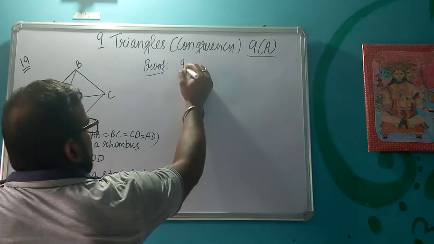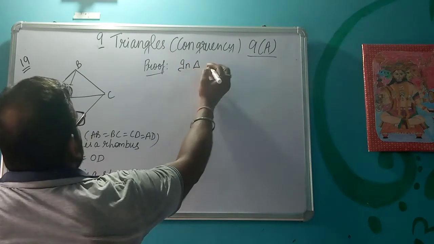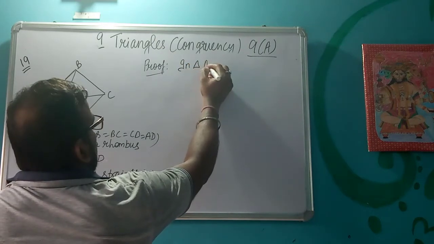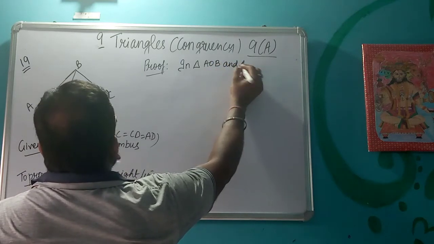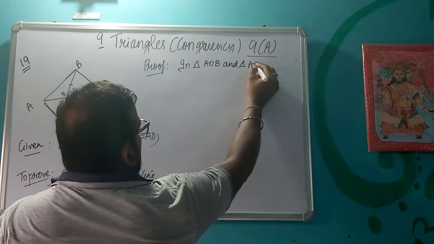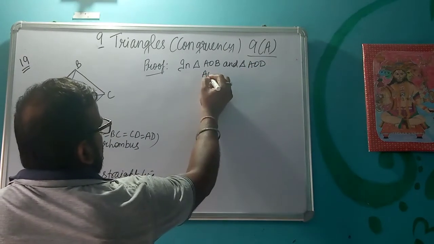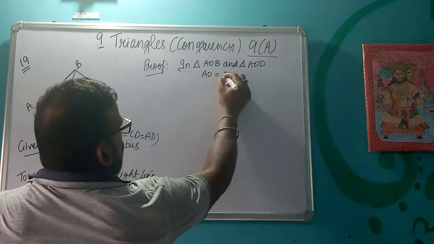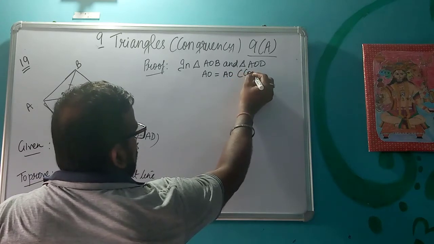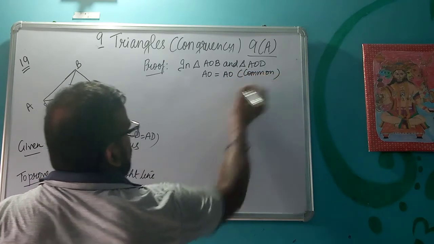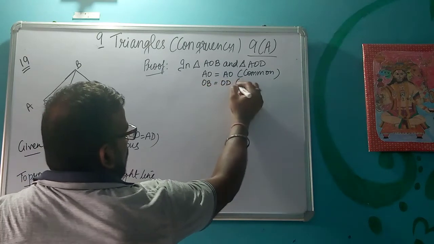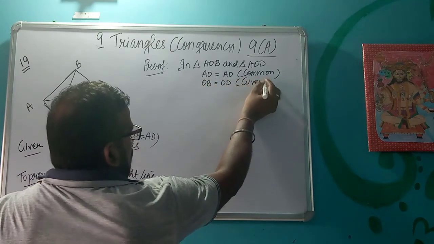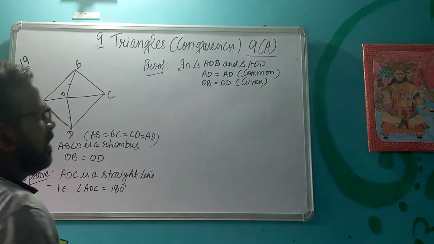First we will take triangle AOB and triangle AOD. AO will be equal to AO because it is a common side. Then OB equals OD, it is given in the question.